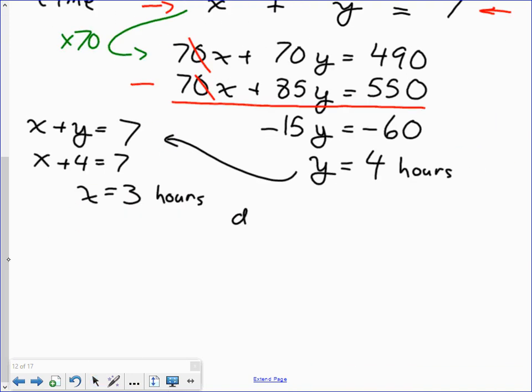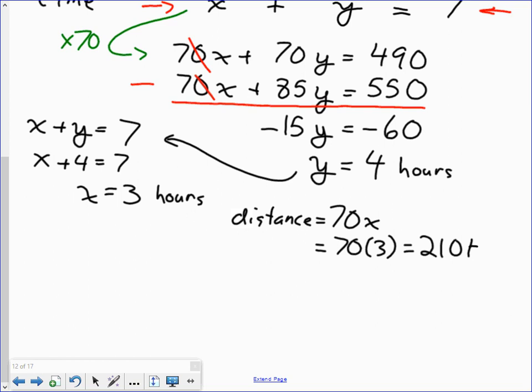So we'll say distance equals 70x. Our value for x is 3. So 70 times 3, that's going to be 210 kilometers. So that's going to be our final answer here. She drove 210 kilometers at 70 kilometers per hour.